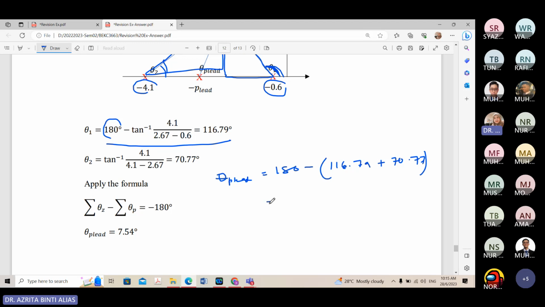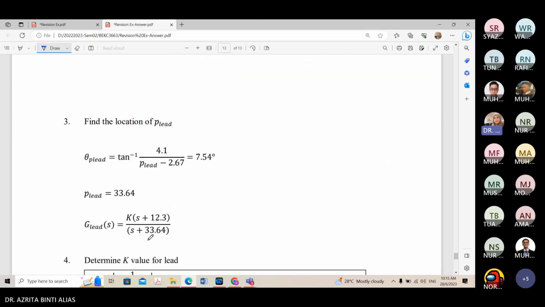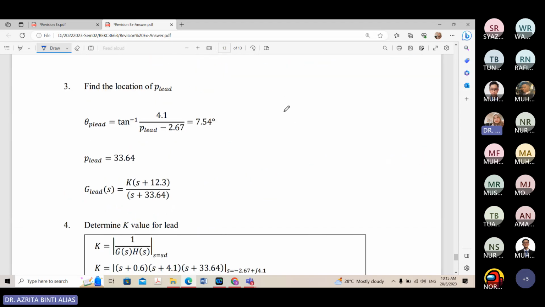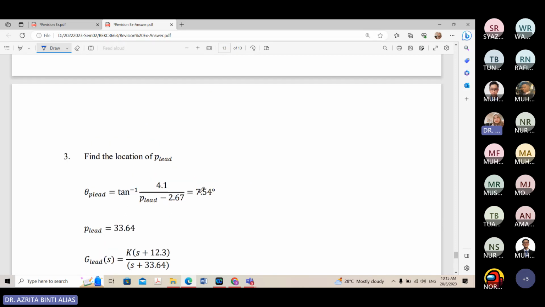Okay. So you dapat theta P lead is about 7.54 degree. And then we find the location. So since the value here is less than 90 degree, the P lead must be on the left side. So this is the P lead, our P lead, and this is our ST.